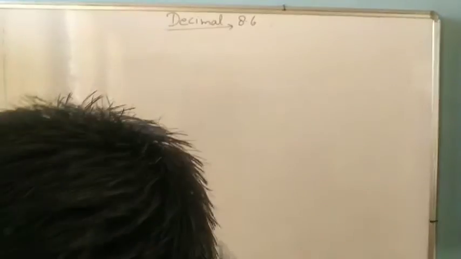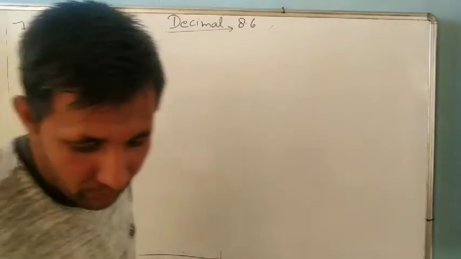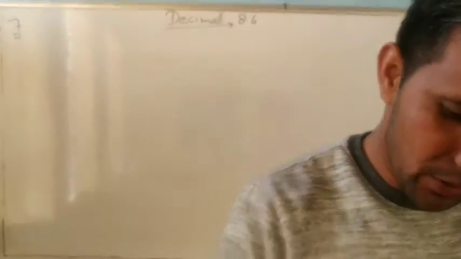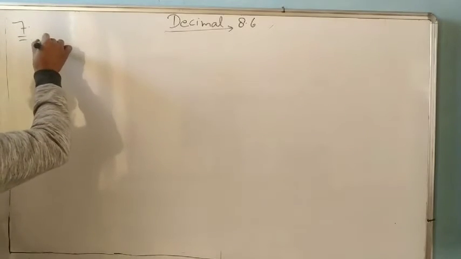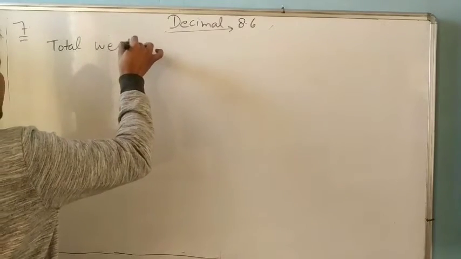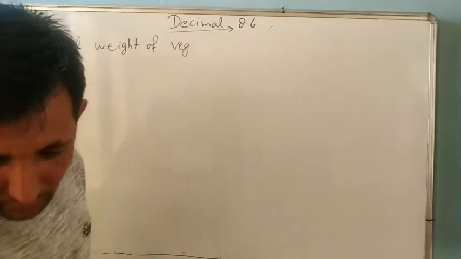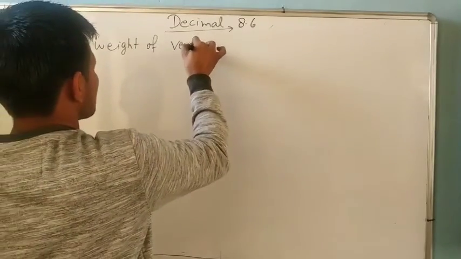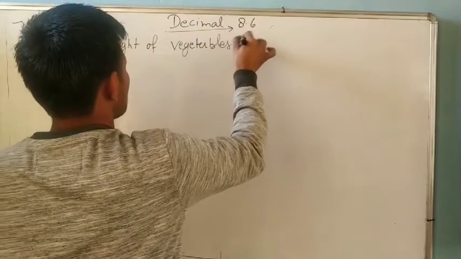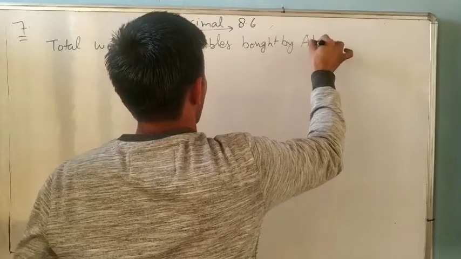So what is question number 7? Akash bought vegetables weighing 10 kg. So write total weight of vegetables bought by Akash.